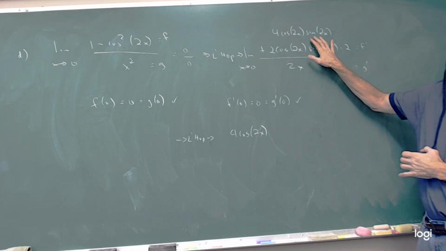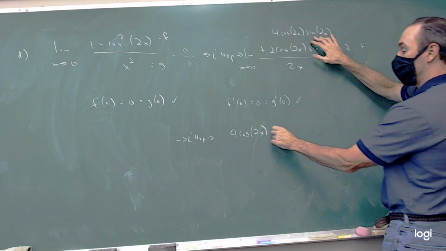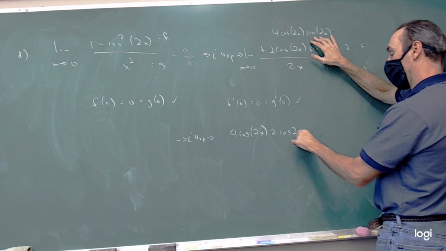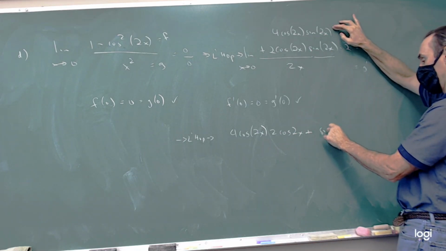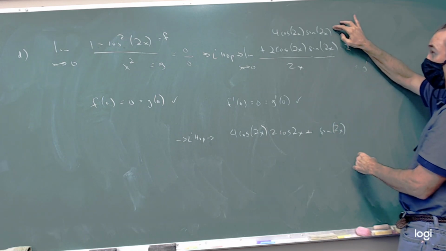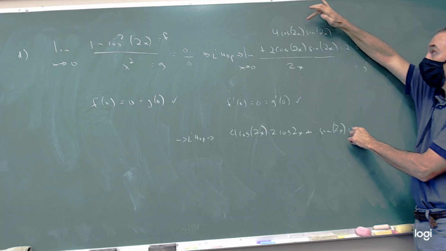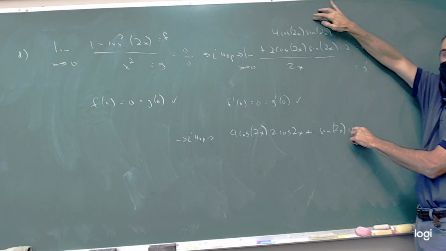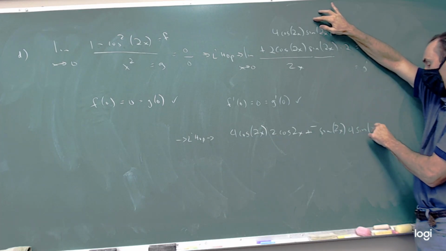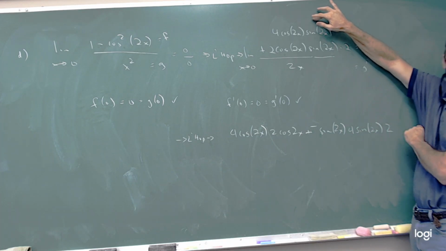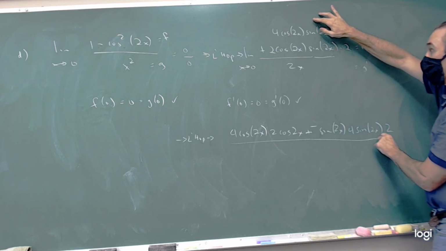So that's the derivative of sine 2x, which is going to be 2 cosine 2x, plus the second, the sine of 2x, times the derivative of the first. So there's going to be the 4 times the derivative of cosine, which is negative sine 2x, and then we get yet another 2. All over the denominator, 2.